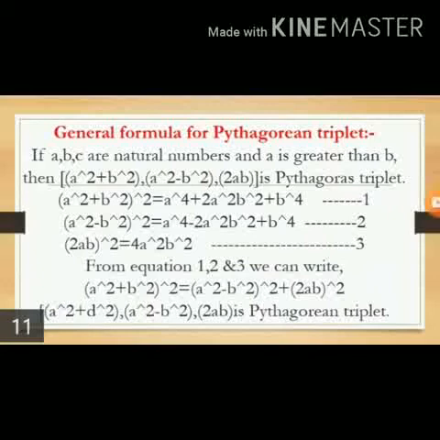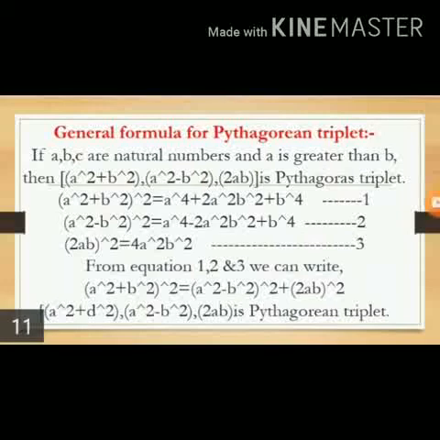Observe equations 1, 2 and 3. We get (a² + b²)² is equal to (a² − b²)² plus (2ab)².